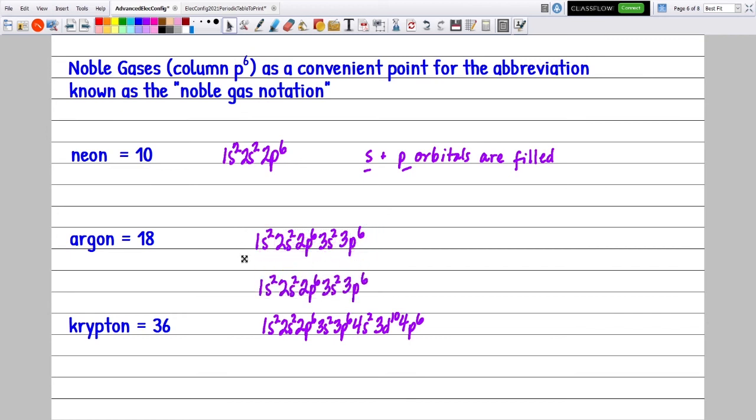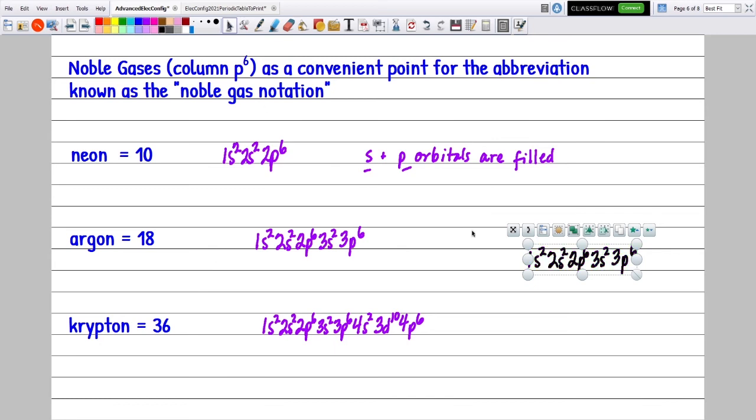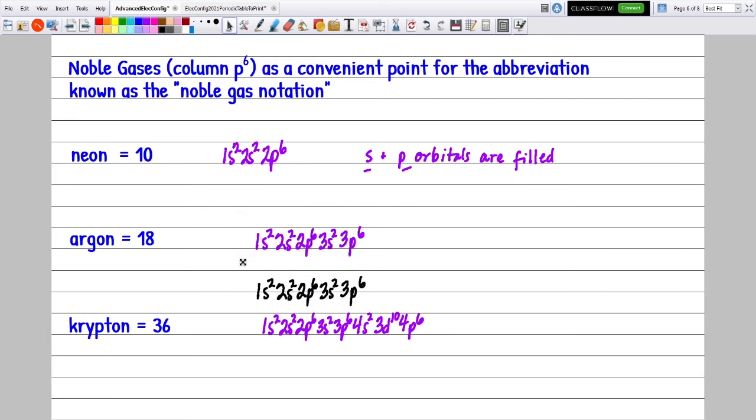I want you to notice that this portion, I'm going to change the color, there we go. This is the electron configuration of argon. I hope you can see that that's the same thing as the beginning of the electron configuration of krypton.